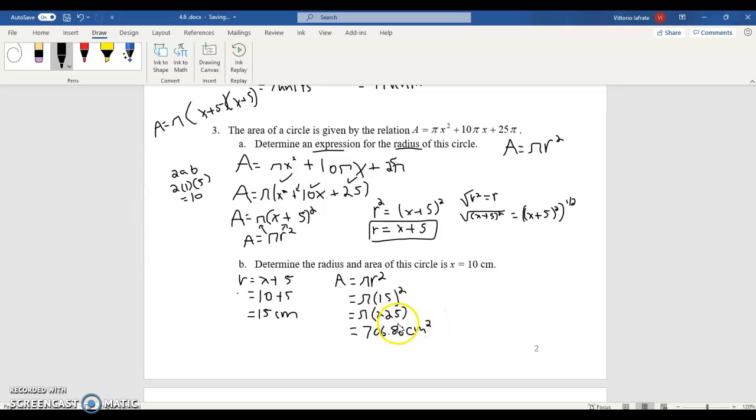Now, be careful in the question. Sometimes I would ask you to round to 1 decimal place or 2 decimal places, so just be careful there.